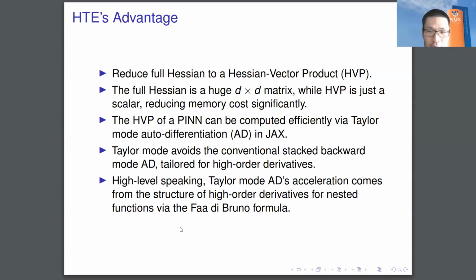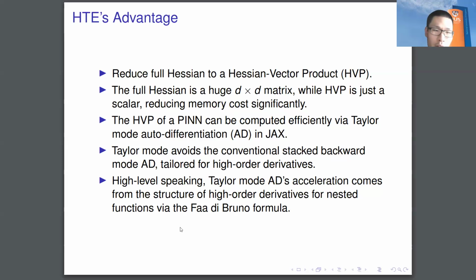JAX is very efficient in automatic differentiation and very popular in scientific computing. It is not a coincidence that the Hessian vector product in Hutchinson trace estimation can be seamlessly combined with Taylor mode autodiff, which is especially good at computing high-order derivatives. Here we have two second-order derivatives, so it will be very efficient.